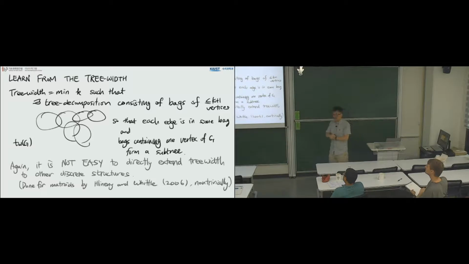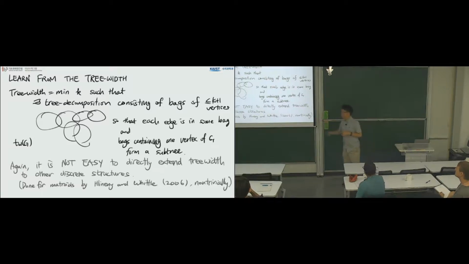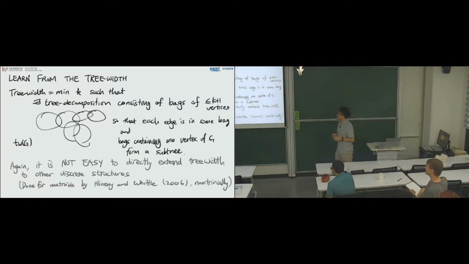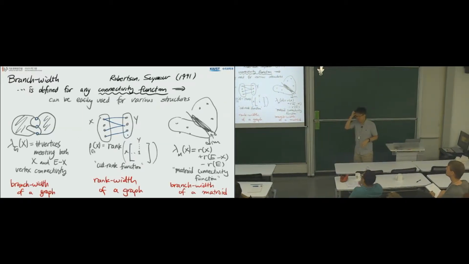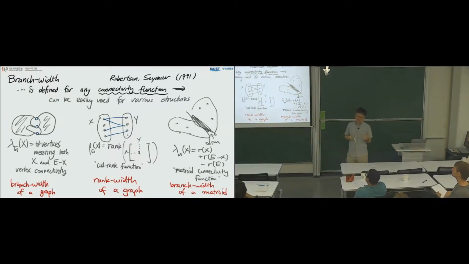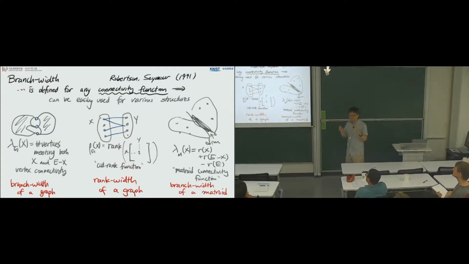So it's not easy to generalize to matroids, even though there is a paper which managed to do it. But instead of tree width, what people have done is to define branch width, where you only need the connectivity function. So branch width is defined for any connectivity function, where the connectivity function is a symmetric submodular function.